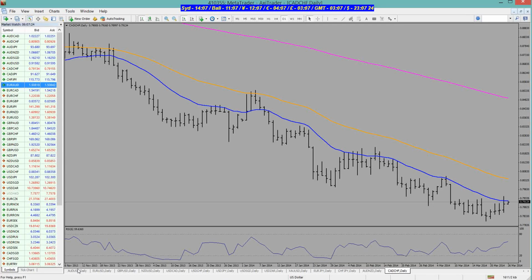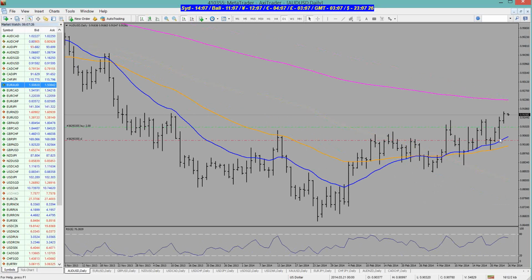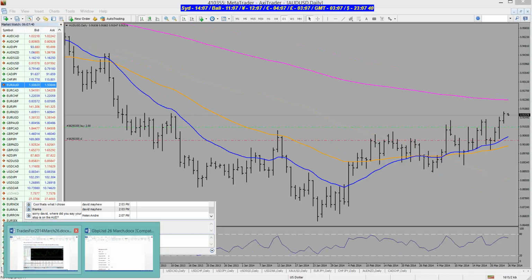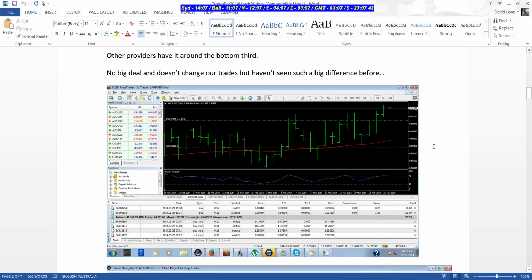Aussie dollar stop loss, I have it under the first buy bar. I've moved it from underneath the low test bar to the first buy bar. I haven't seen such a big difference before.